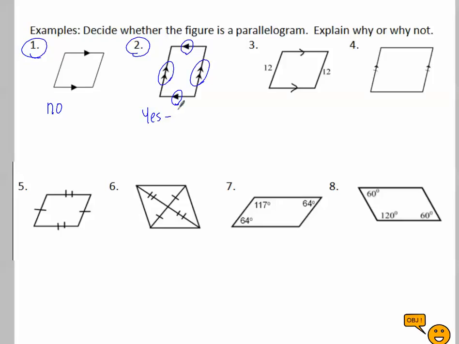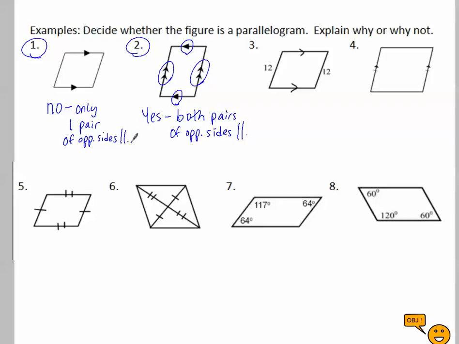So this one is yes, because both pairs of opposite sides are parallel, and we do need that explanation. You need to know how to recite that explanation, versus this one is not, because only one pair of opposite sides is parallel.